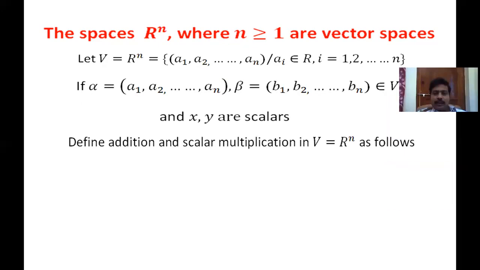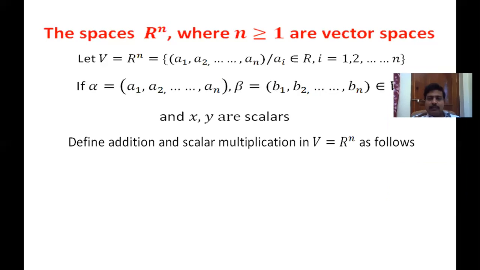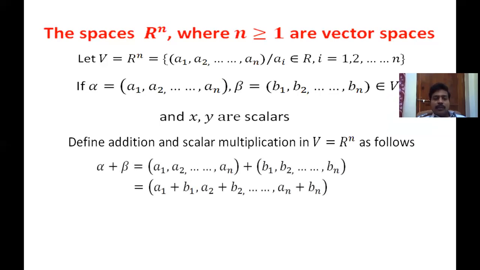First of all, let us define vector addition and scalar multiplication. So alpha plus beta is equal to this n-tuple A1, A2 and so on An, plus beta, this n-tuple B1, B2 and so on Bn. This is defined as A1 plus B1, A2 plus B2 and so on An plus Bn.